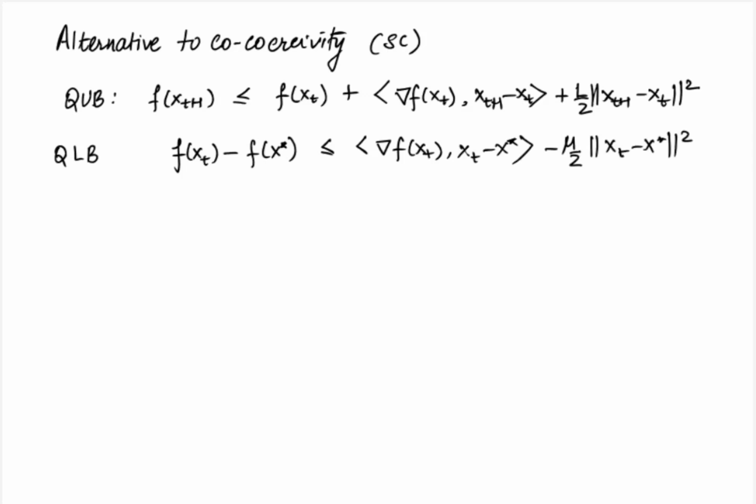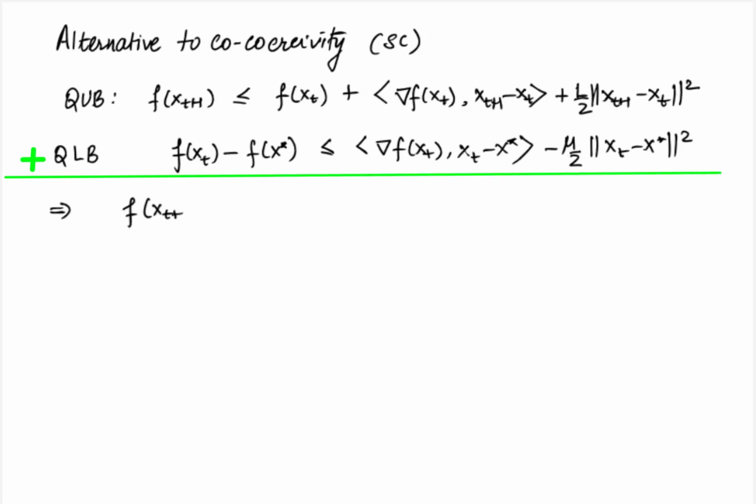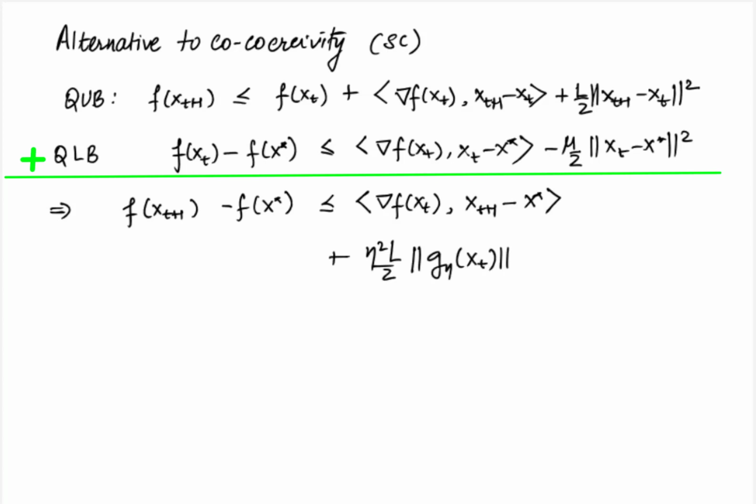x star. Adding them together, we get f of x_{t+1} minus f of x star less than or equal to the inner product of gradient f of x_{t+1}, x_{t+1} minus x star, plus eta squared L by 2 norm squared of G_eta of x_t, minus mu by 2 norm squared of x_t minus x star.